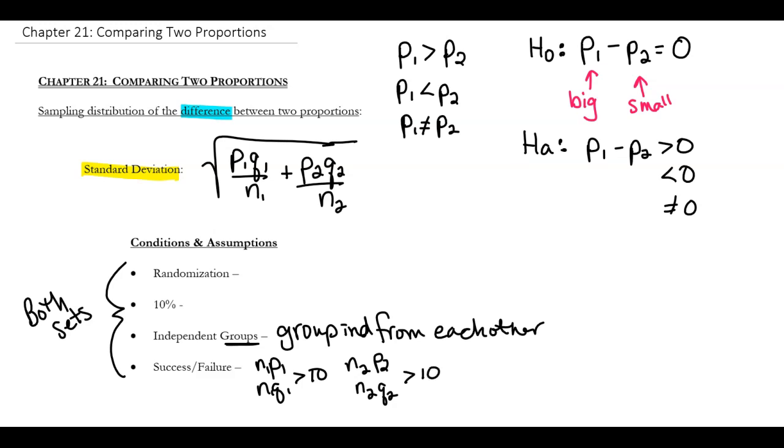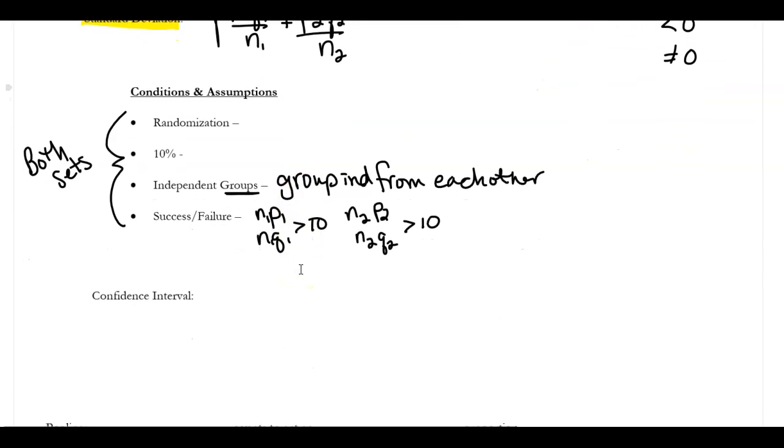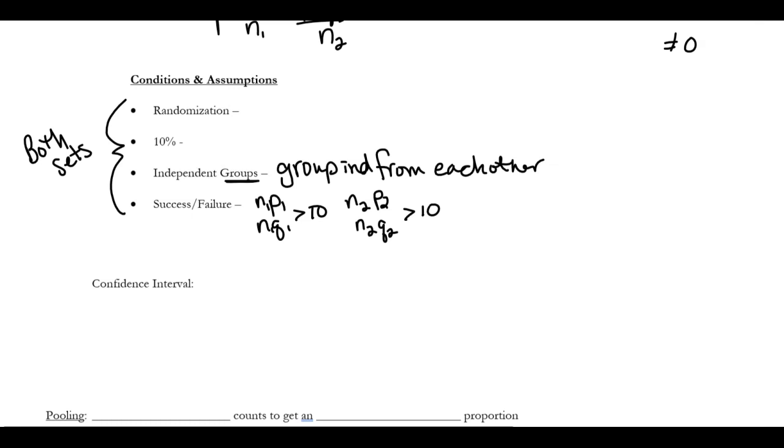And then when we do an interval, the confidence interval, the name of it is going to be a difference of proportions Z interval.